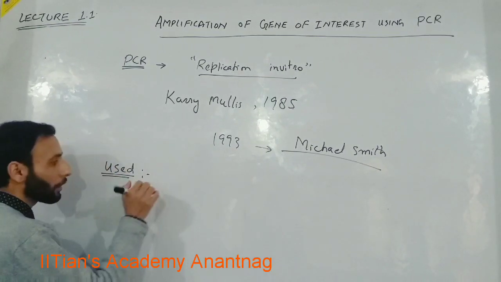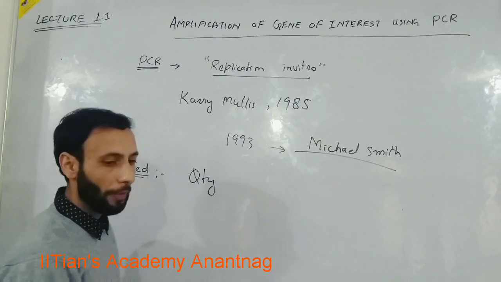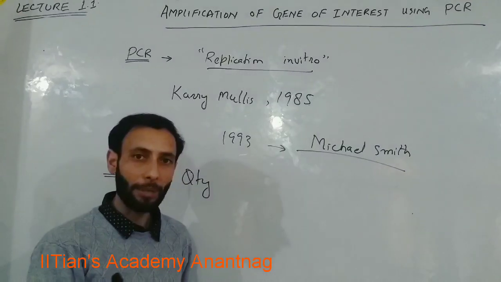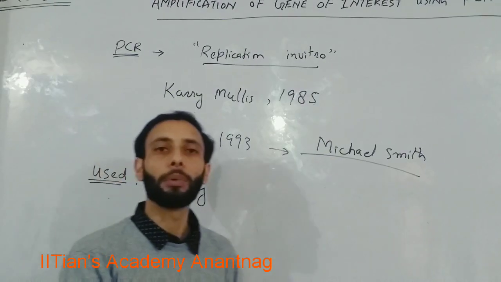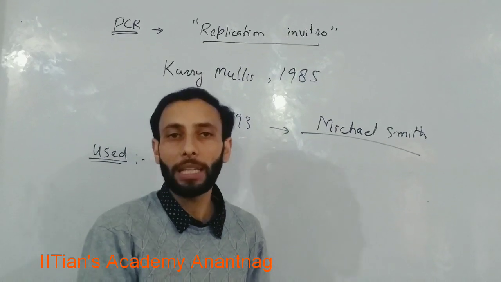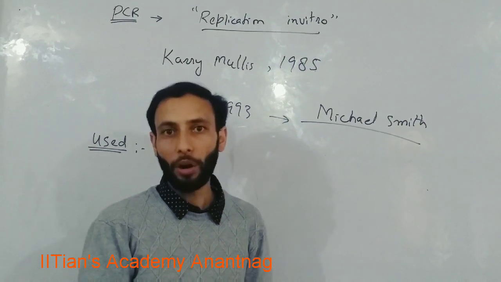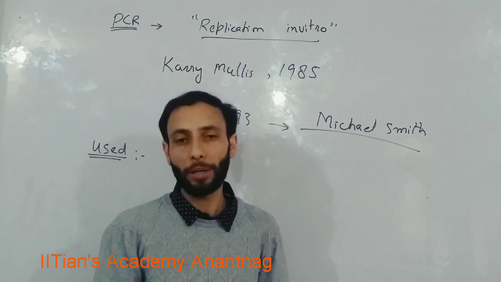Wherever the quantity of DNA is less, for example, in case of a crime scene, the evidence which we might have can be in the form of a single follicle of hair, or it can be in the form of a single drop of blood.